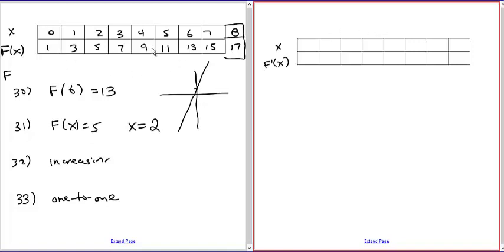But we're going to switch the x and the y. So x now becomes 1, 3, 5, 7, 9, 11, 13, 15, 17. And f inverse of x becomes 0, 1, 2, 3, 4, 5, 6, 7, 8.